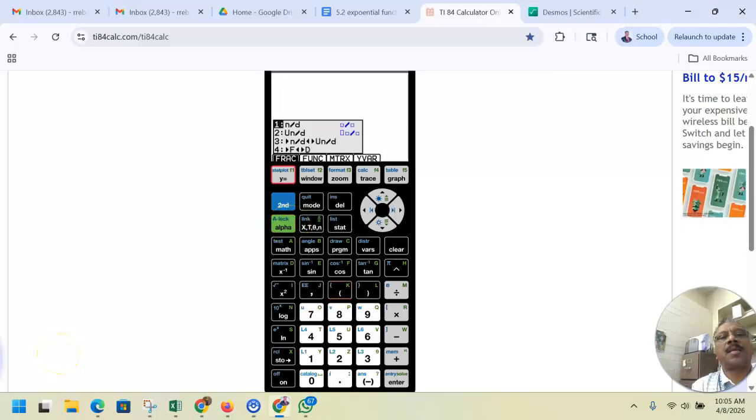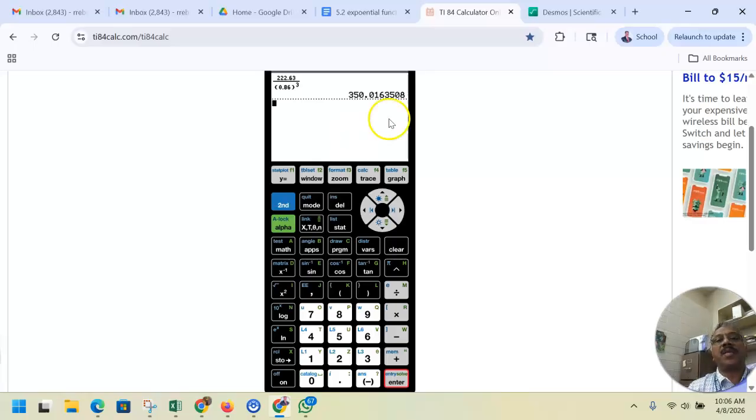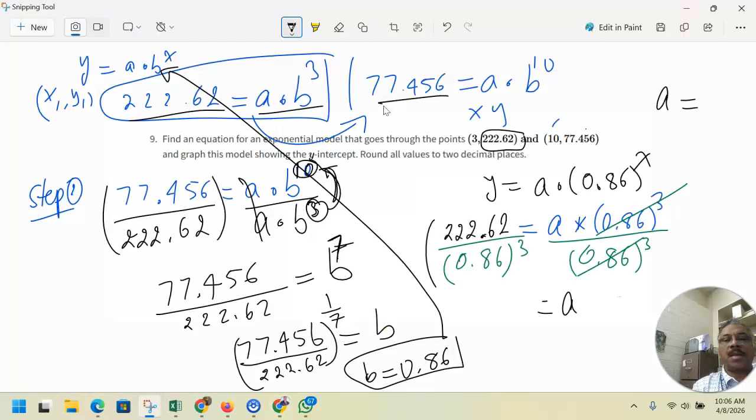We put alpha this and put 222.62, go down and put open parenthesis 0.86, close it, go up and put a 3. Then you enter, and you get 350.01. Two decimal places: if you see this, it is 350.016, but because we want 2 decimal places, the answer is 350.02.